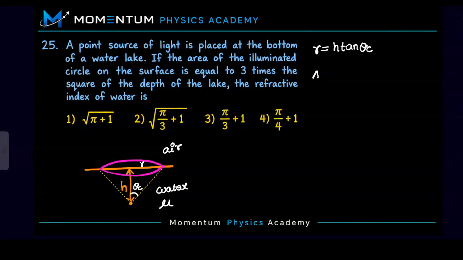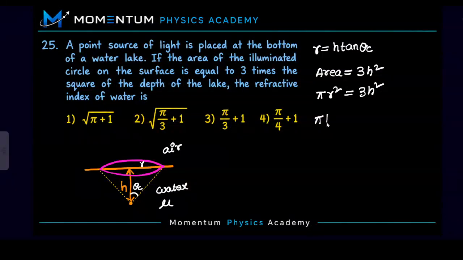They given us how much, you tell me now, this area which is equal to 3 times the depth, that means 3 h square. Area means pi r square, which is equal to 3 h square.